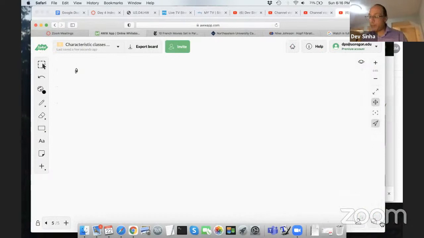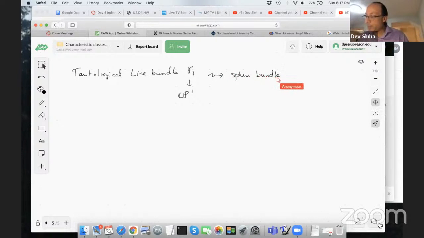So first we're going to talk about the tautological line bundle, gamma 1 over CP1. And then we're going to look at the associated sphere bundle, which is the Hopf bundle.